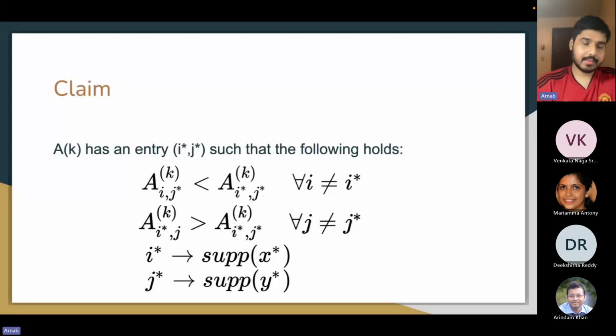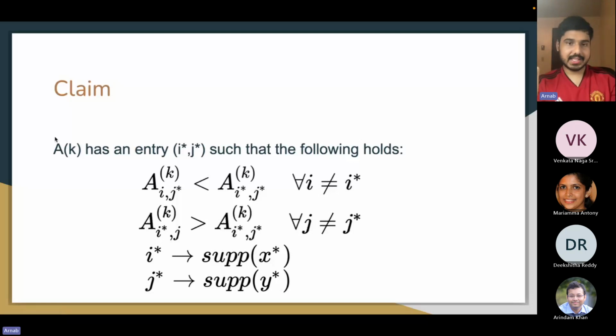And the interesting fact is that in the bijection mapping which we use, I star will map to the support of X star, and J star will map to the support of Y star. Essentially, we can take our algorithm for k equal to 1 and run it on this huge matrix.